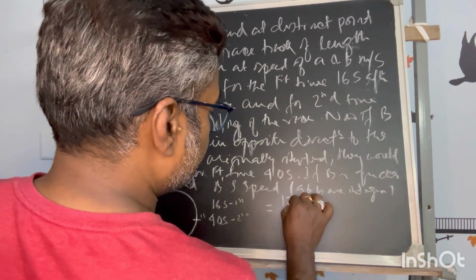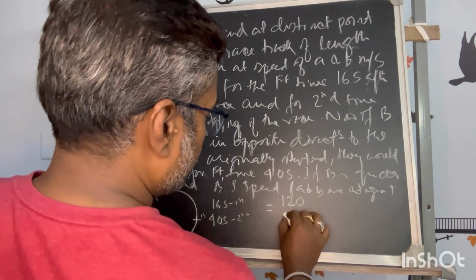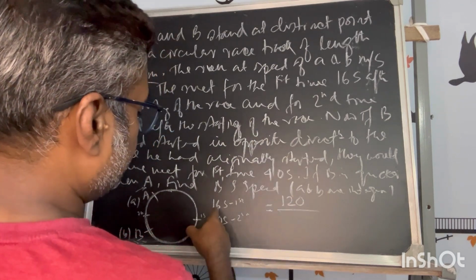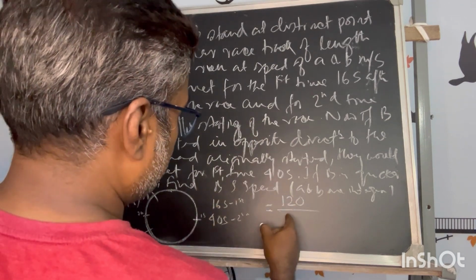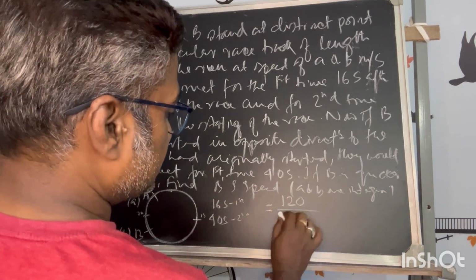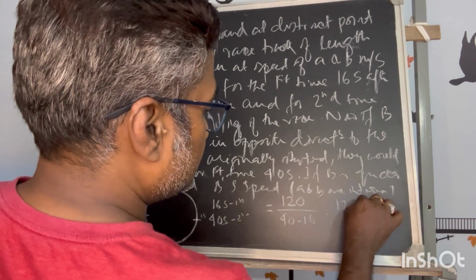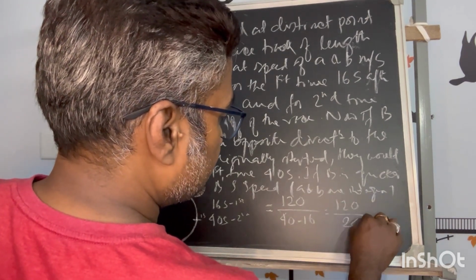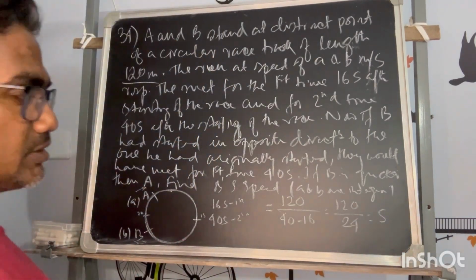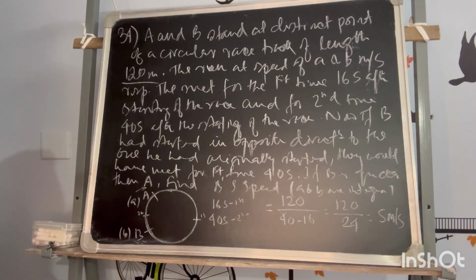So the distance of the track is 120 meter. The time taken in between is 40 minus 16. So this will give the relative velocity, which is equal to 5 meter per second. But still I don't know which way they are moving.